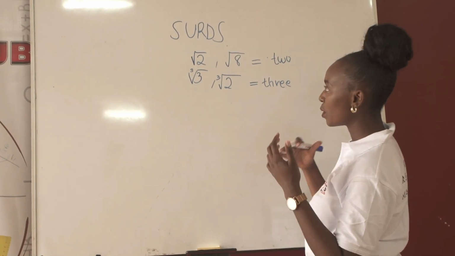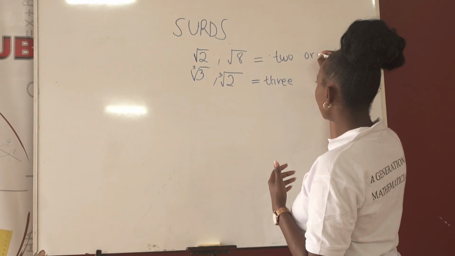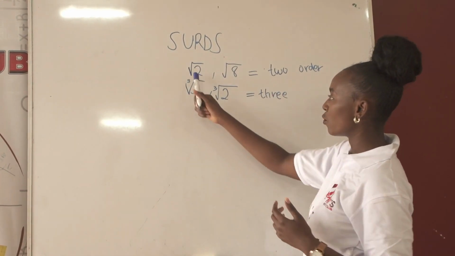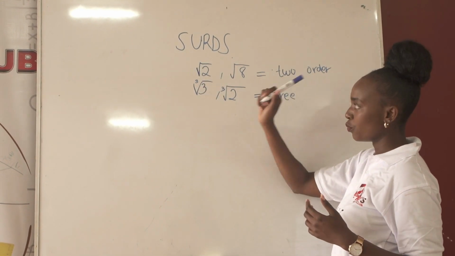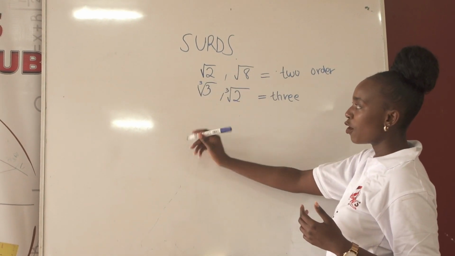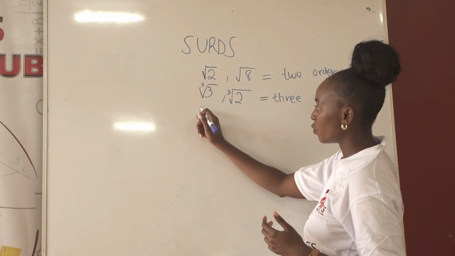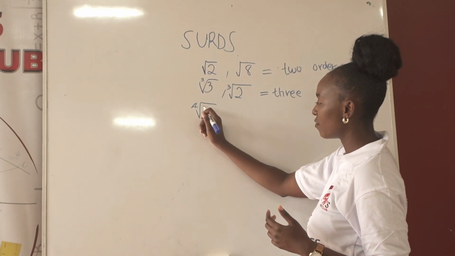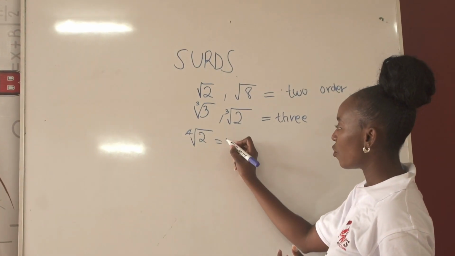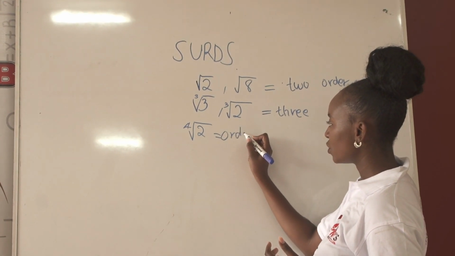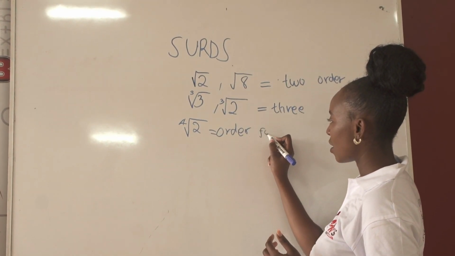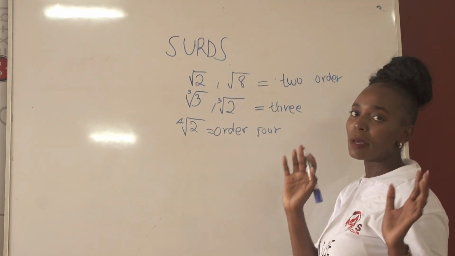And so forth. The order depends on the root. If it's a square root, 2. Cube root, 3. Fourth root, and so forth. So where it's the fourth root, we say it's of order 4. I hope up to there we are all on the same page.